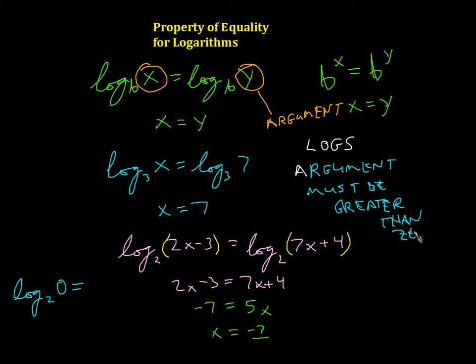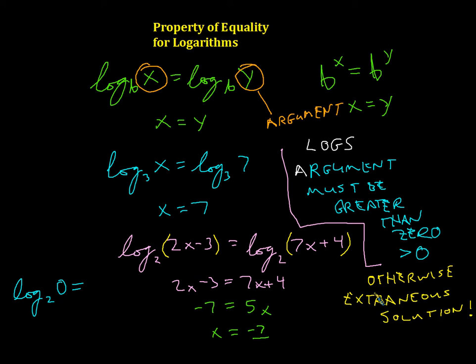Another way to say the argument must be greater than 0, of course, is to just say greater than 0. And what that leads to is this: if we have an argument that's greater than 0, fine, otherwise we get an extraneous solution.